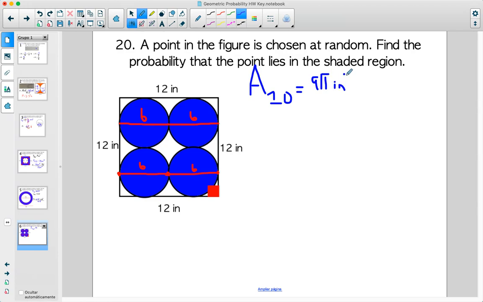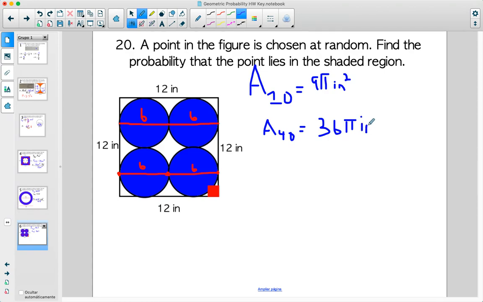However, we already went over that we have 4 congruent circles. So we are going to do the area of 4 circles. And guess what? All we do is we take the area of one circle and multiply by 4. So 4 times 9 is 36. So the area of all 4 circles combined is 36 pi.